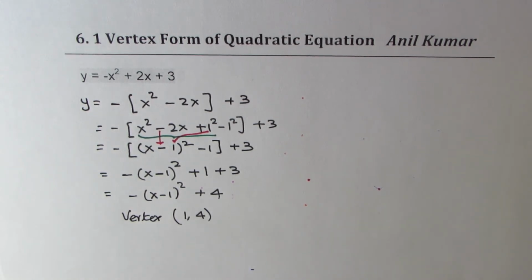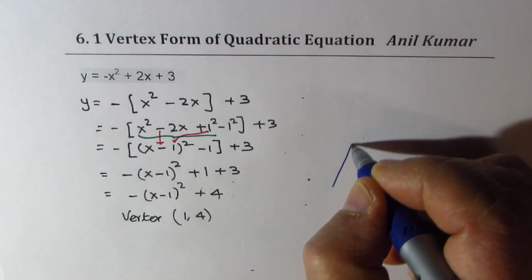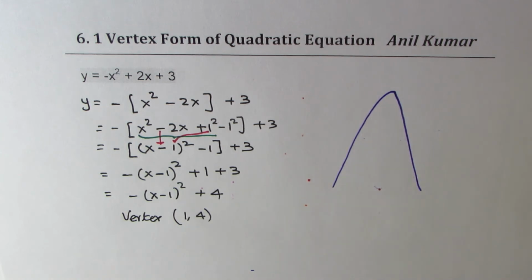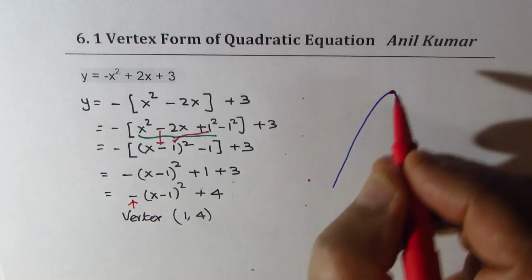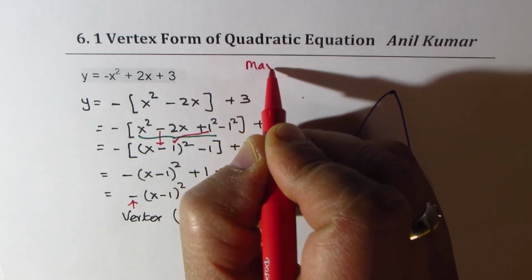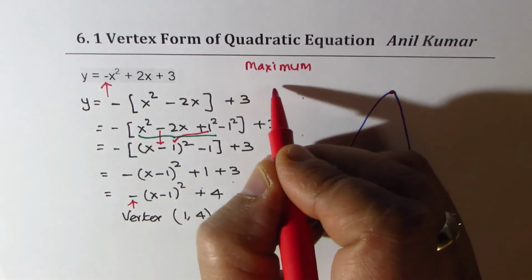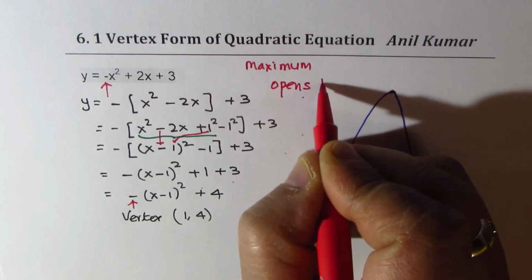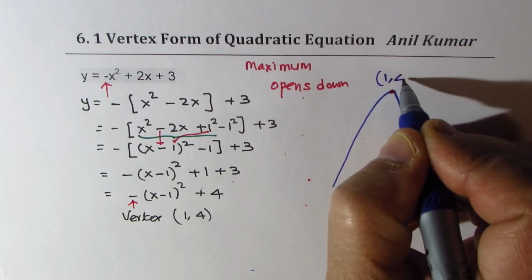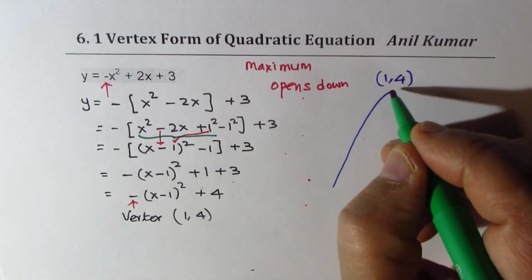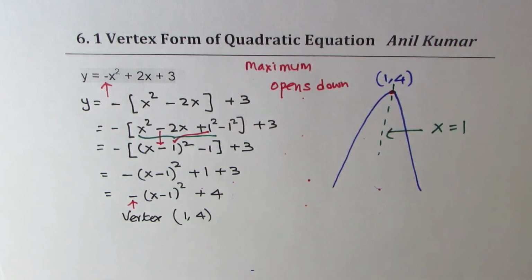Do you see that? Now if you want to sketch this parabola, it will open downwards, right? So we are not doing the exact sketch, but we are just showing you. It will open downwards since this sign is negative. So we have a maximum value here. And the vertex is 1, 4. Axis is at x equals 1.